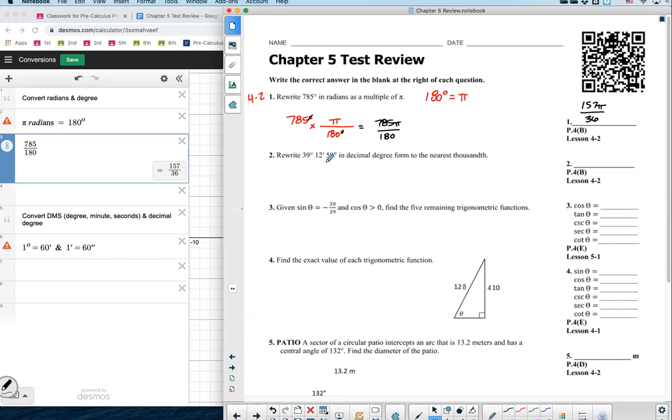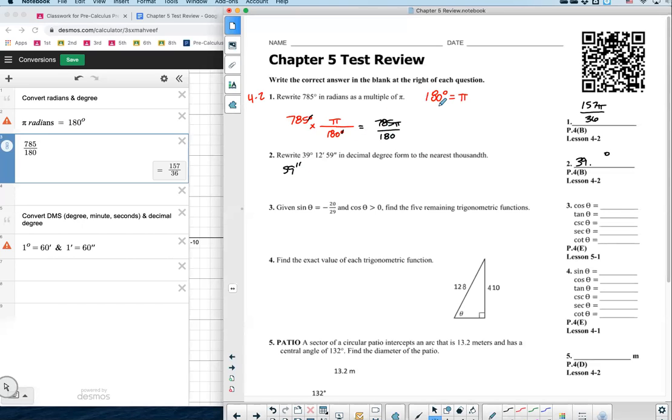So here's the way we do this. I know that my answer is going to be 39 point something degrees. So it wants it in decimal degree. That means just as a decimal. And so we'll have some decimal amount of degrees. So how do we figure that out? Well, what I'm first going to do is start with my minutes. Say, okay, 59 minutes.